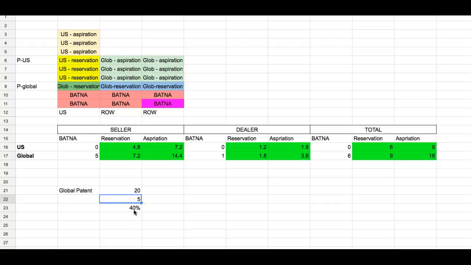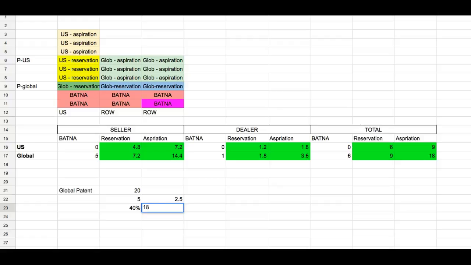So let's say 2.5 plus 20%. Or actually, because the risk is then lower, I will take 18%.